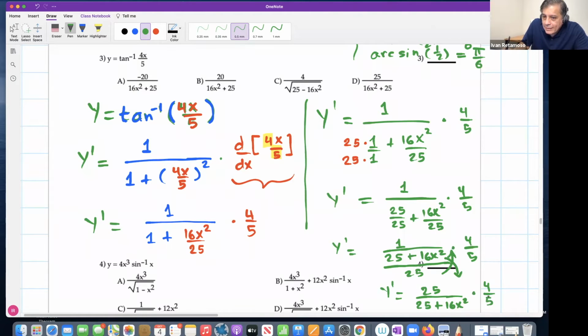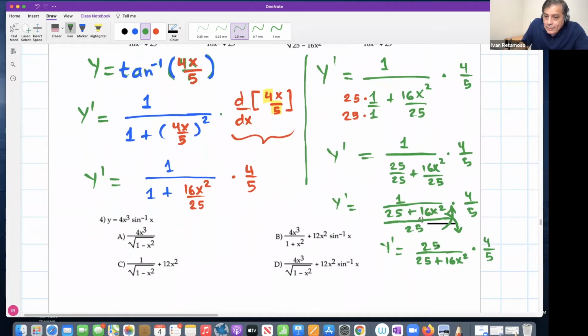Don't forget this. Now, 5 into 25 is just 5, and 5 times 4 is 20. 20 over 25 plus 16x squared. Excellent.